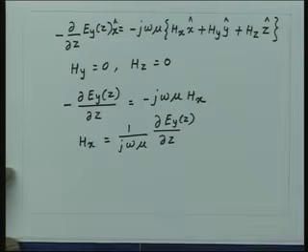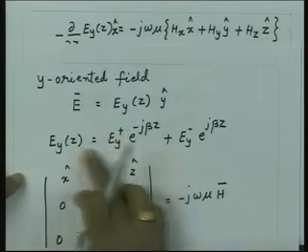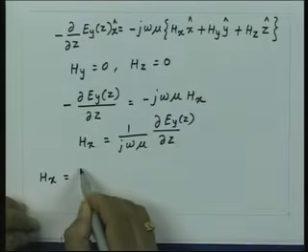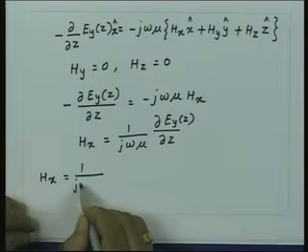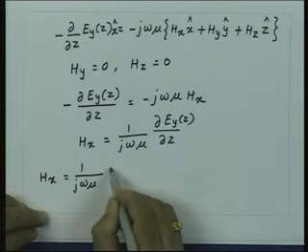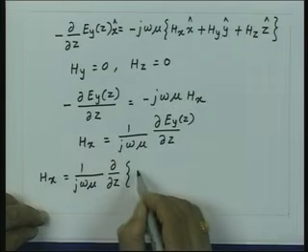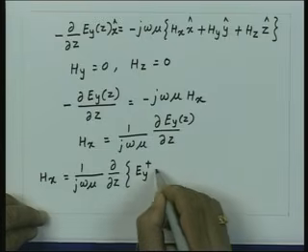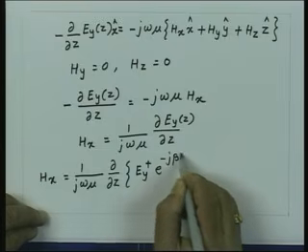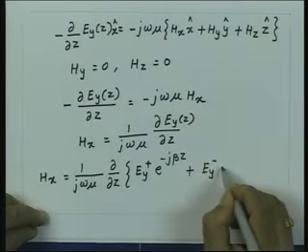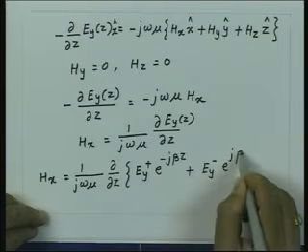And if I substitute now for Ey from here, I get hx, that is 1 upon j omega mu d by dz of Ey plus e to the power minus j beta z plus Ey minus e to the power j beta z.